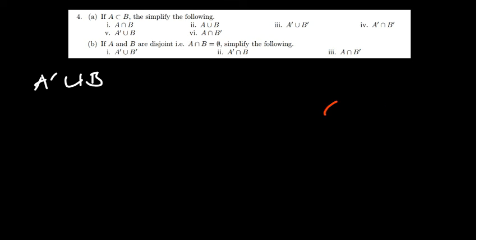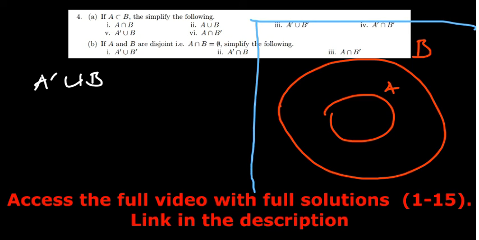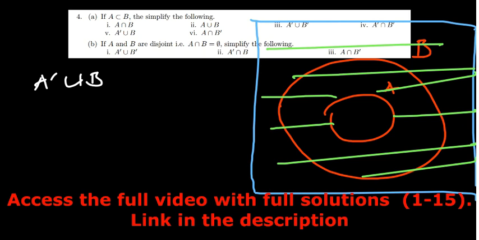So we have A and then B. A complement of course means outside A, which is this region, outside A. And then you are combining it with B.